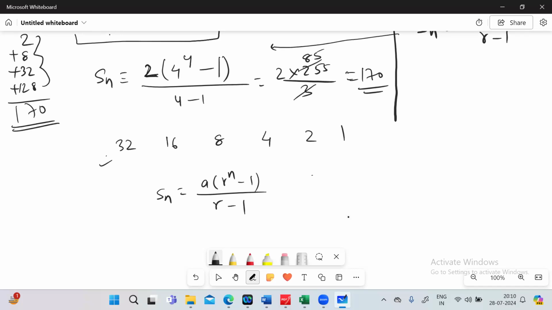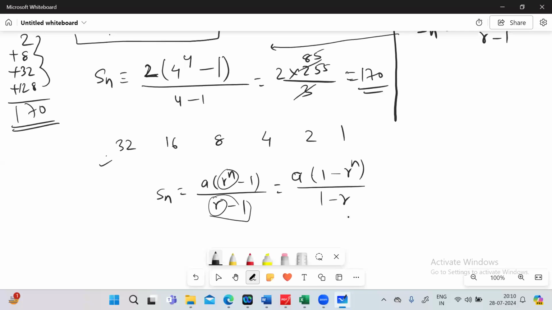So what we know here is that r is less than 1. So r to the power n will also be less than 1. And r minus 1 will also be negative, so both of these two terms will be negative in nature, and negative negative will get cancelled. So to avoid that kind of cancellation of negatives, I'm not trying to avoid it, just simplifying it, I will multiply both the denominator and numerator by minus 1 to get the formula as this.